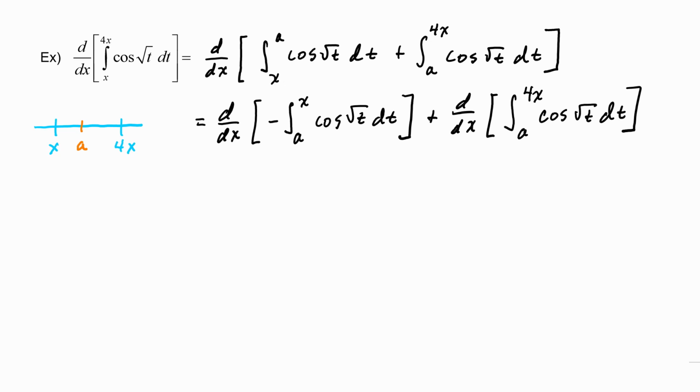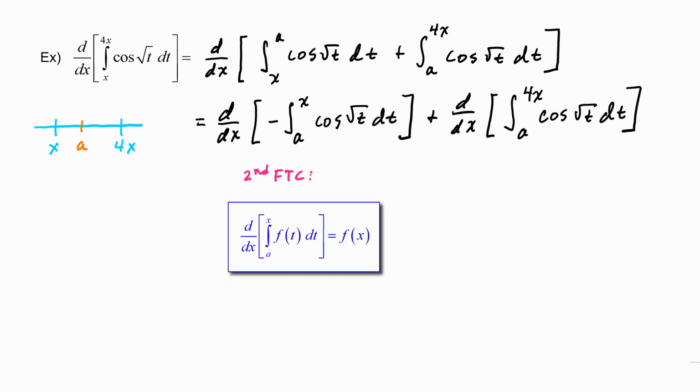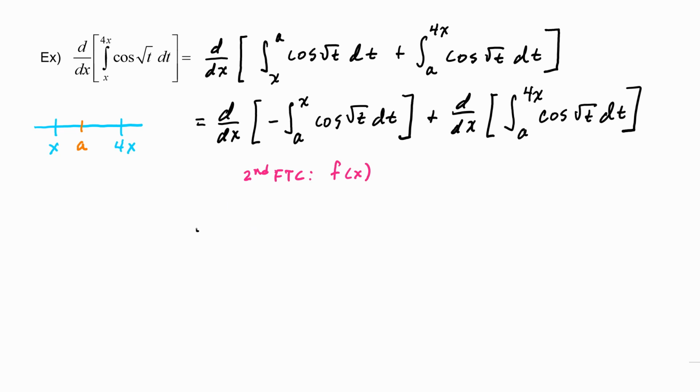In the case of this first one, this is the simpler rule of the second fundamental theorem of calculus, where the derivative with respect to x of the integral from a to x of f of t dt is just going to be f of x. So this first one is going to become negative cosine radical x.